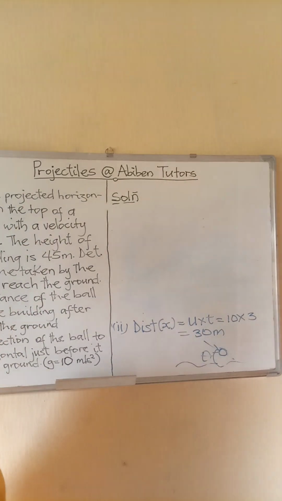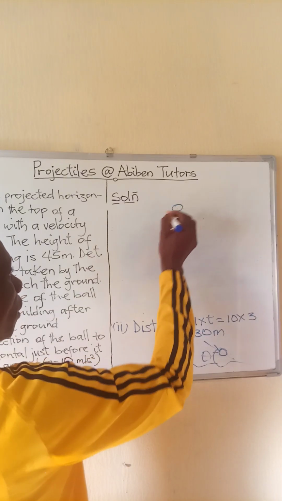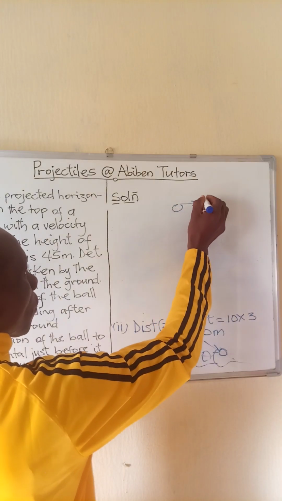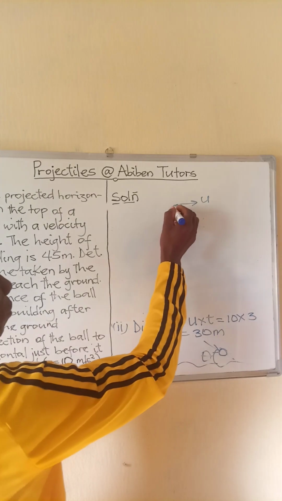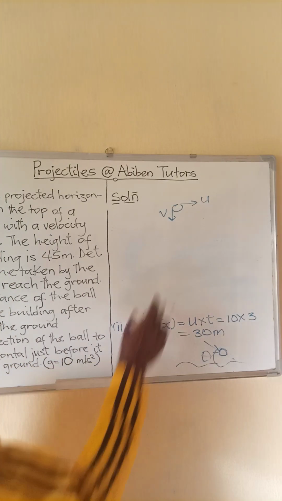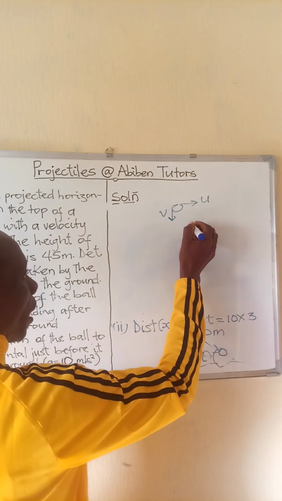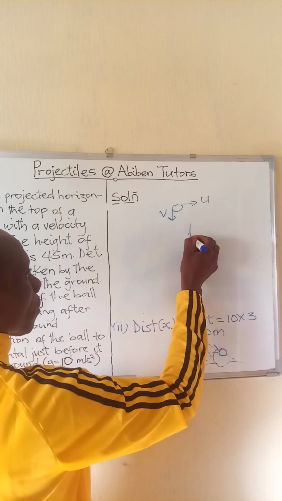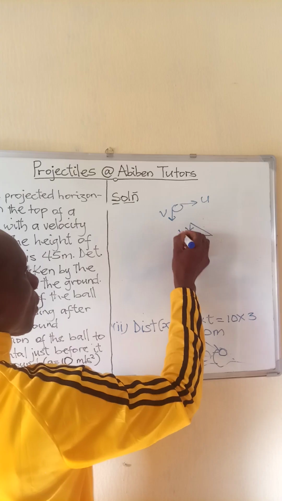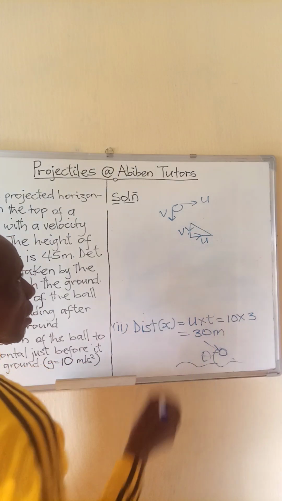Okay, so we'll sketch a diagram. If the ball drops, it will be under the influence of two speeds: the horizontal speed, which is the initial speed of launch, and also the vertical speed, which is going to be our final velocity. If you remember from the triangle law of vectors, we can isolate a right angle triangle for the problem, where here will be v, the final speed, and here will be u, the initial speed.